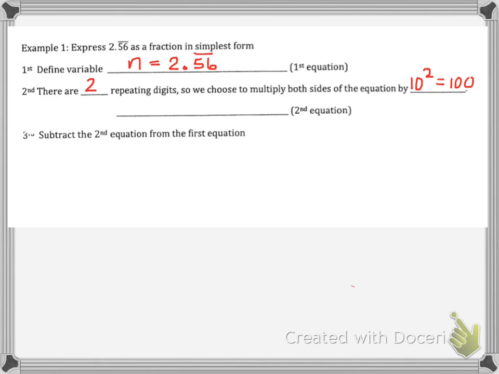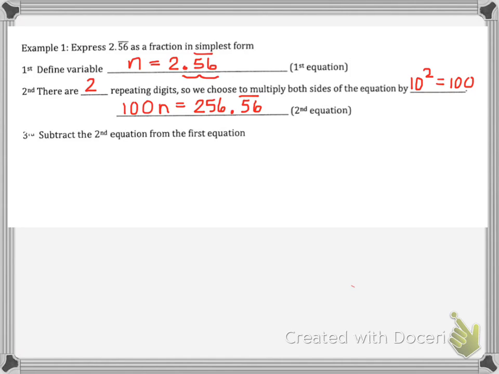Therefore, our new equation is 100n, and if we multiply this by 2 powers of 10, that's going to move the decimal over twice, but of course the 5, 6 continues, so we get 256.56 with, of course, the 5, 6 continuing to repeat.